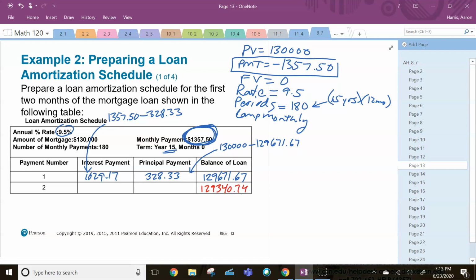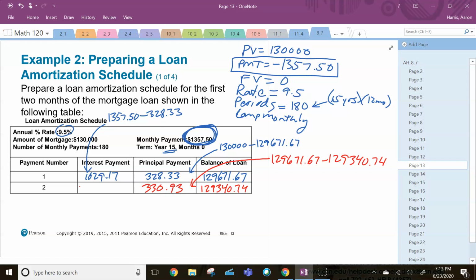So then this right here is the difference between the previous balance, 129,671.67, and the new balance after I make the payment, 129,340.74. That's the principal amount, 330.93.